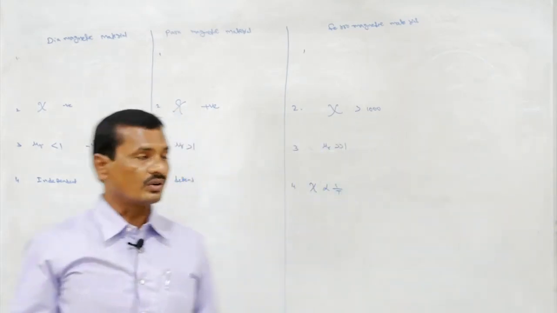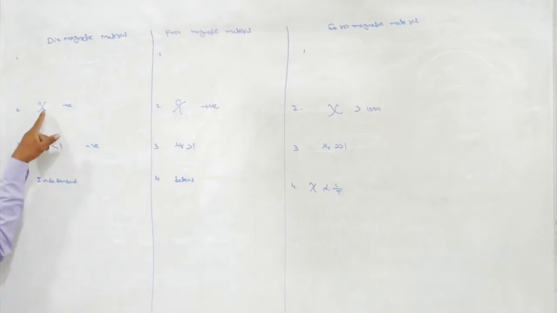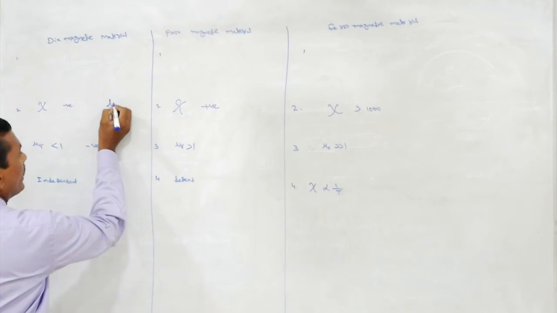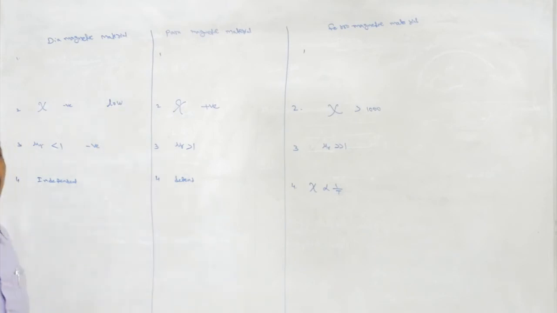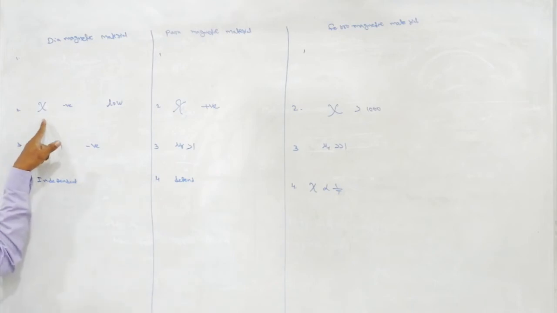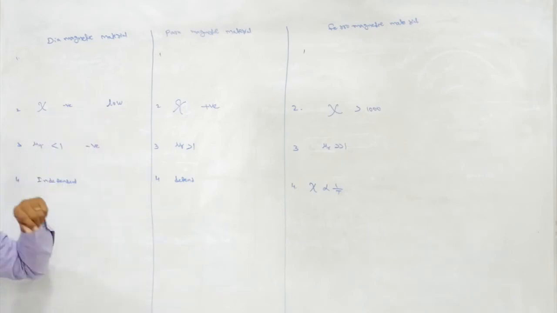We already know magnetic susceptibility for diamagnetic materials is very low. Its value is negative. Therefore, the susceptibility of diamagnetic materials, the symbol is called chi, is negative and low value.